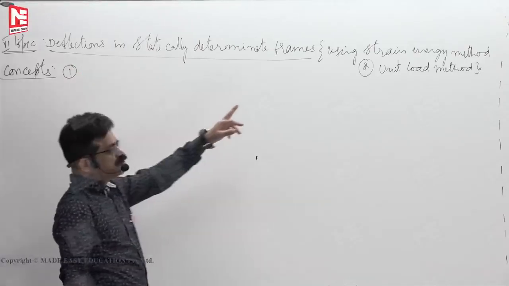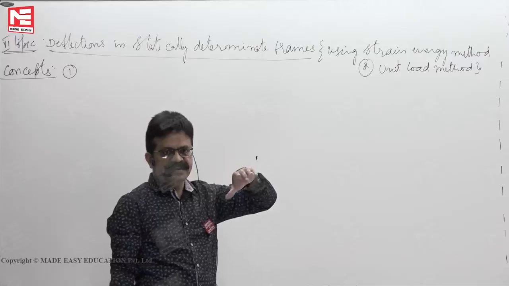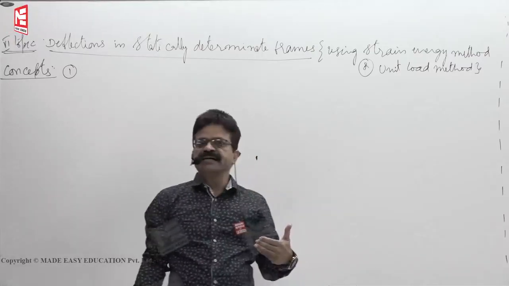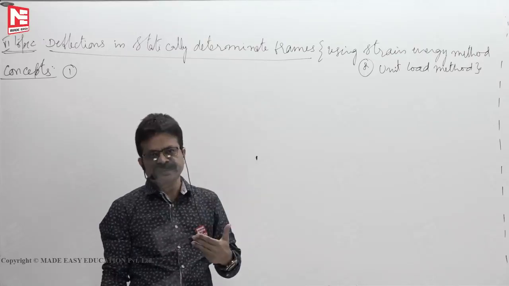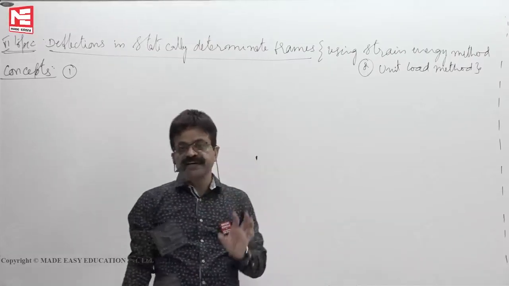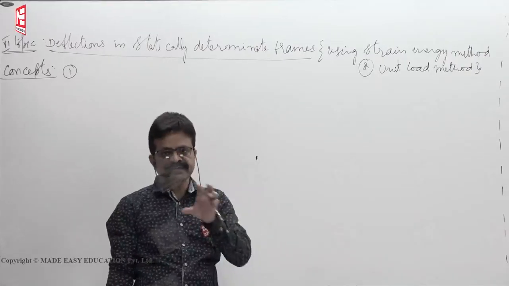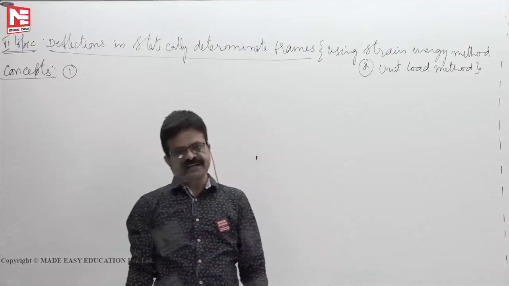Strain energy stored due to axial loading I have given you. Axial loading potential, you can write in terms of complementary energy, summation of P square L by 2AE. If you write it, it is called complementary energy. For determinate structures, complementary energy and strain energy are the same, so we take it as if it is also strain energy.